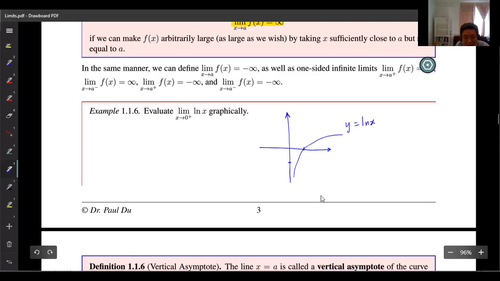We can see as x approaches 0, let me write here, it looks like our function just gets negatively smaller and smaller. So we get negative infinity, no bound. You can see this side, no bound. So our limit is negative infinity.